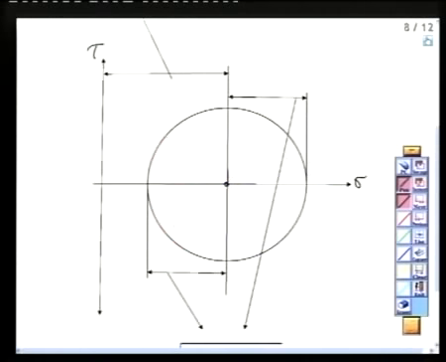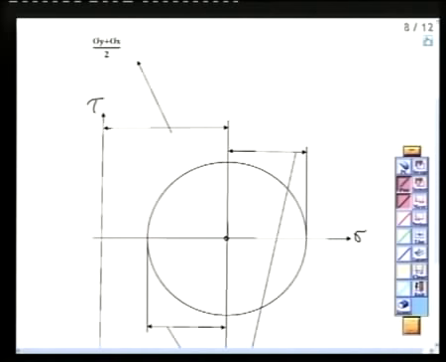It is sigma y plus sigma x divided by 2. I find sigma y 13, sigma x 25. So 13 plus 25 divided by 2, and I put it on the normal stress axis, because it's normal stress. So this is the point which represents sigma y plus sigma x divided by 2. Now, to find sigma 1, we add the square root. When we add it, we have this point. What is this point?